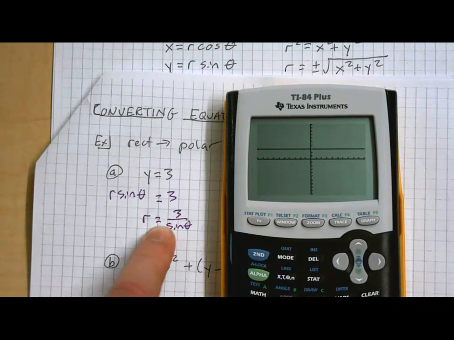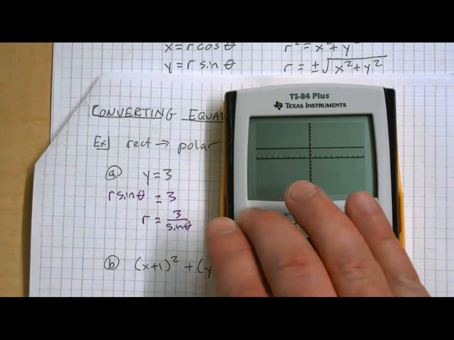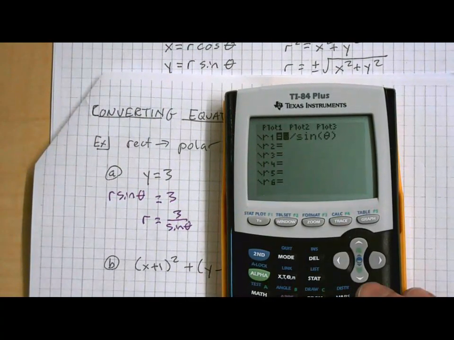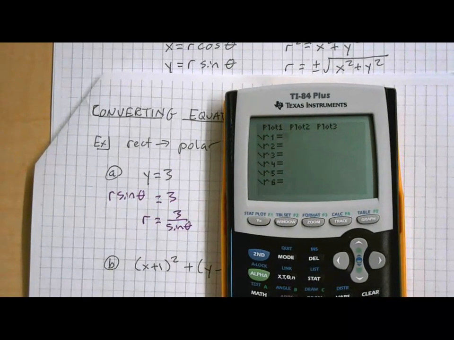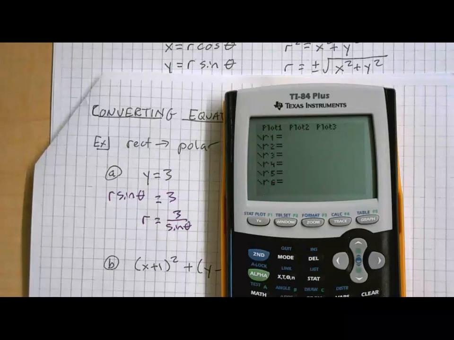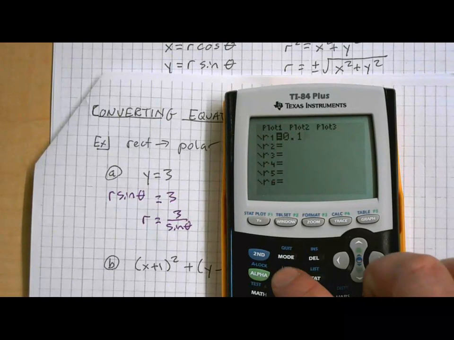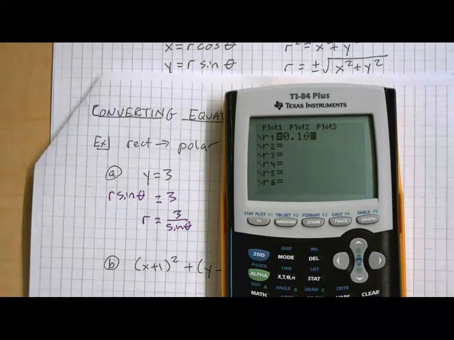Do you guys want to see some other interesting graphs? Yes, we'd love to. Okay, go back to your r equals, and let's go 0.1 theta. Graph that one. r equals 0.1 theta.